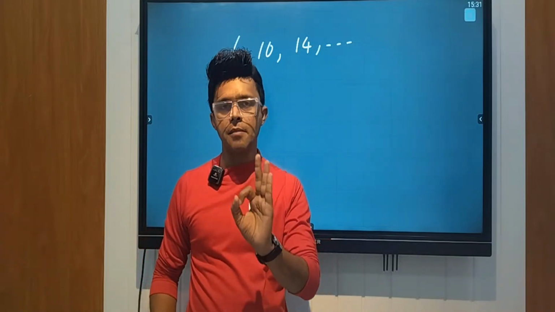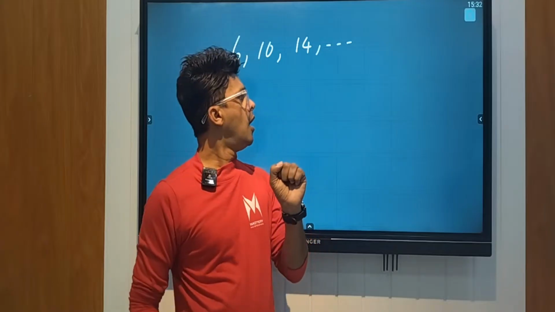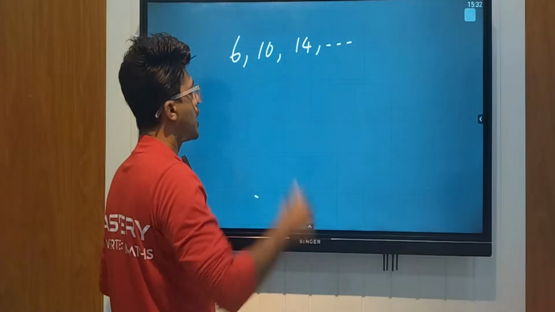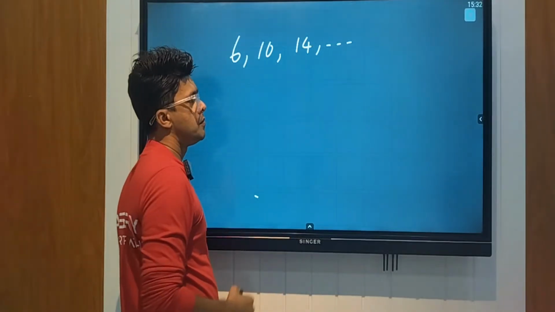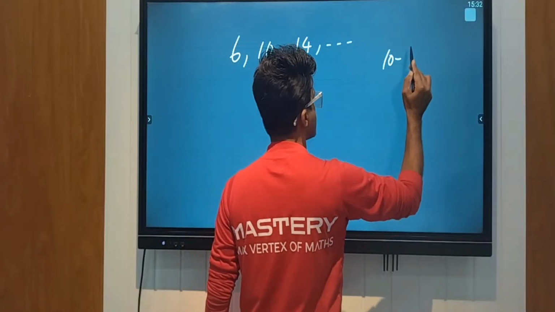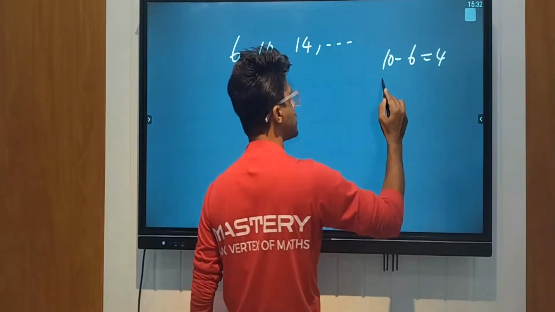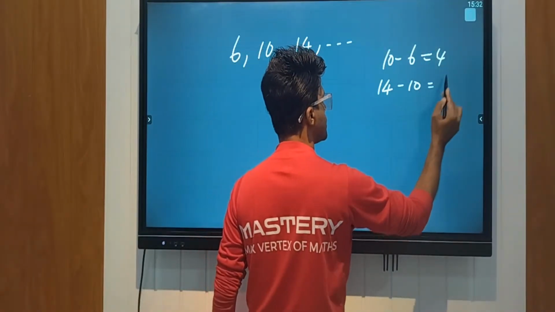This is the first step. You need to get the common difference here. Previously I taught you that 10 minus 6 is 4, or 14 minus 10 is 4. Just get the common difference, which is 4.